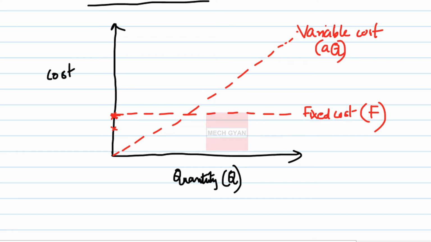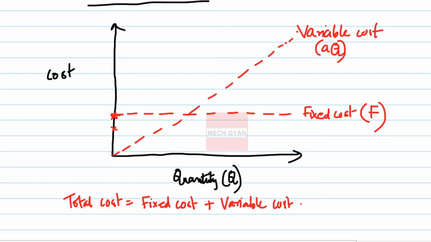total quantity. Now the total cost is fixed cost plus variable cost. So total cost equal to fixed cost plus variable cost. So that is equal to F plus A times Q. Let us denote it by equation 1.